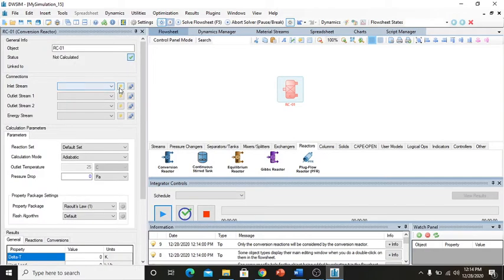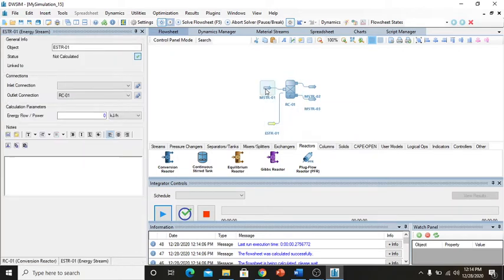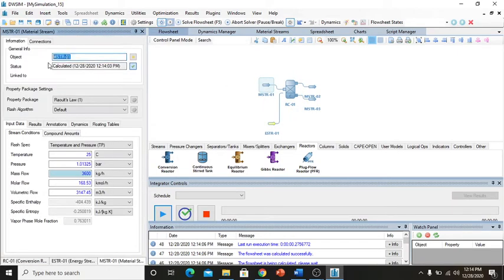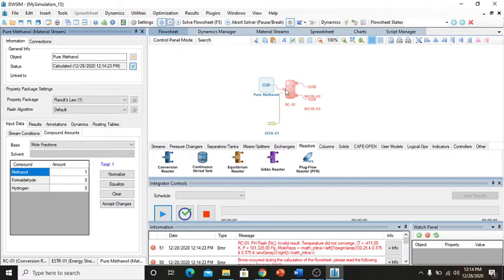Let's just use the shortcut for the inlet and outlet streams. Here this is pure methanol, right? Since this is pure methanol, for the compound amounts, for the methanol it should have 1 and 0 for the others, except changes.